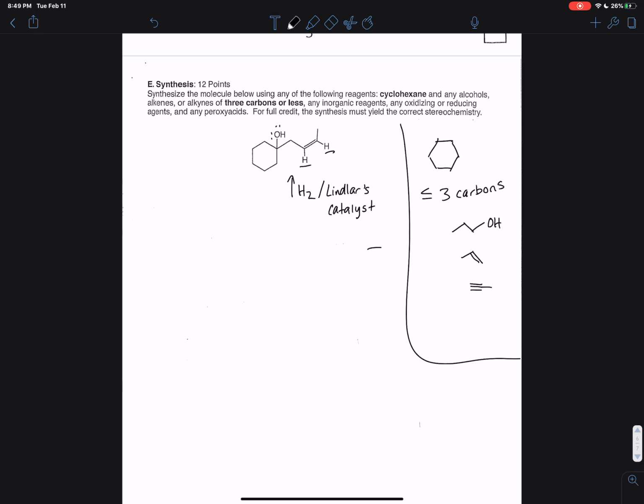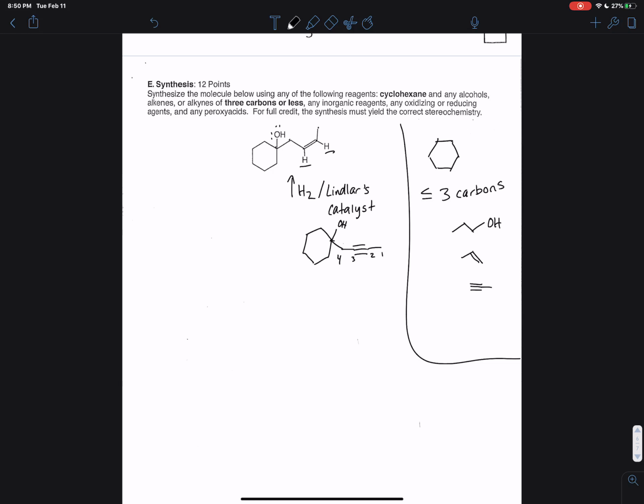Yeah, so we're just going to write everything analogous. 1, 2, 3, 4, 5. And then that is going to be attached to 1, 2, 3, 4. 1, 2, 3, 4, and that's going to be attached directly to the cyclohexane.